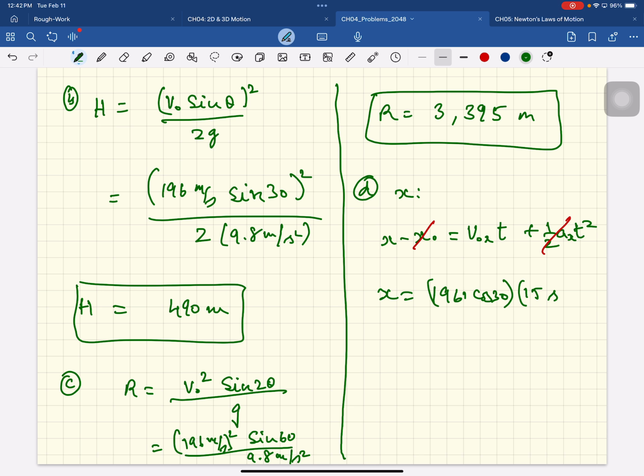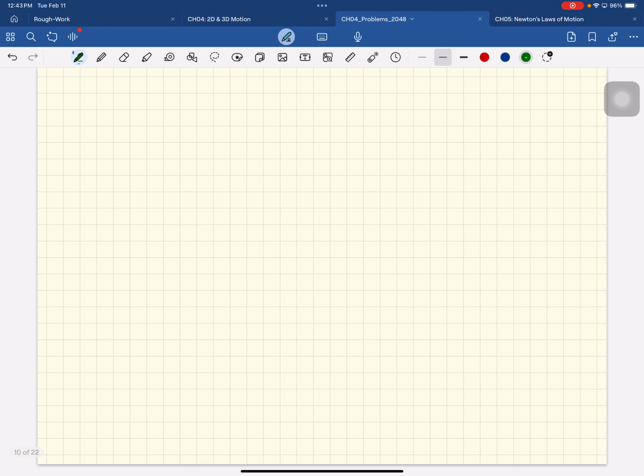The y location is y minus y naught. Again, this is 0.